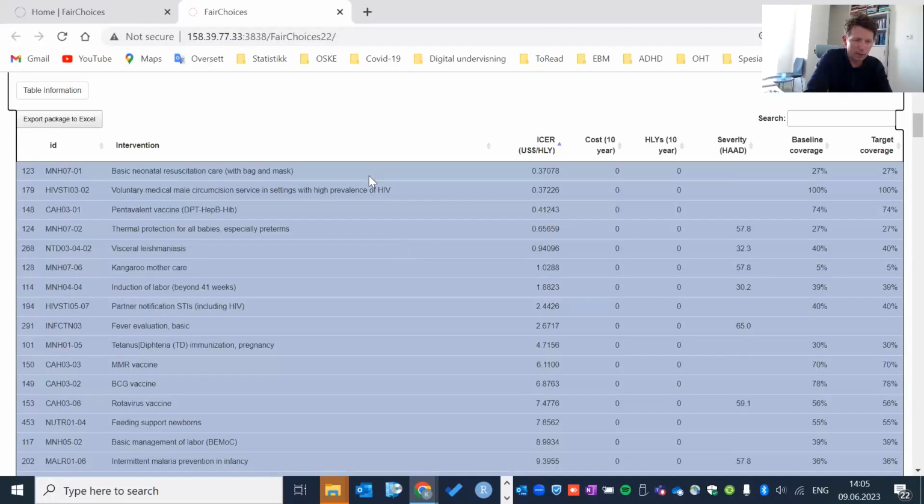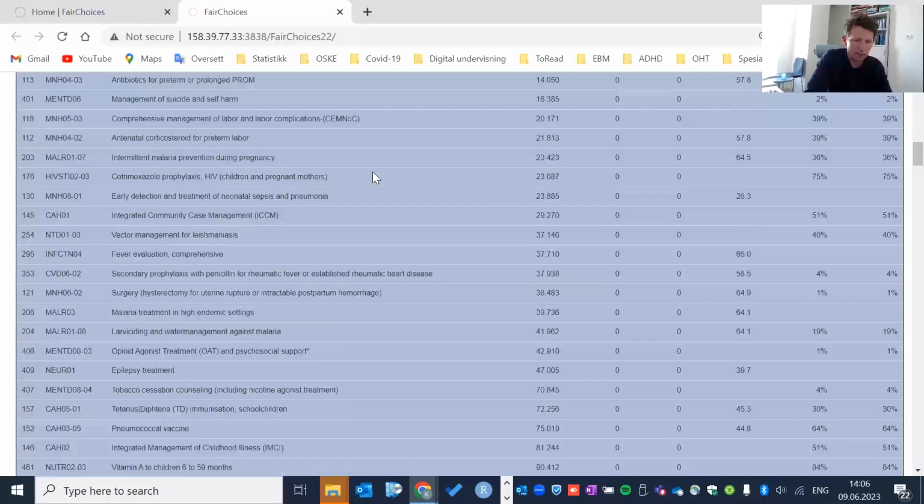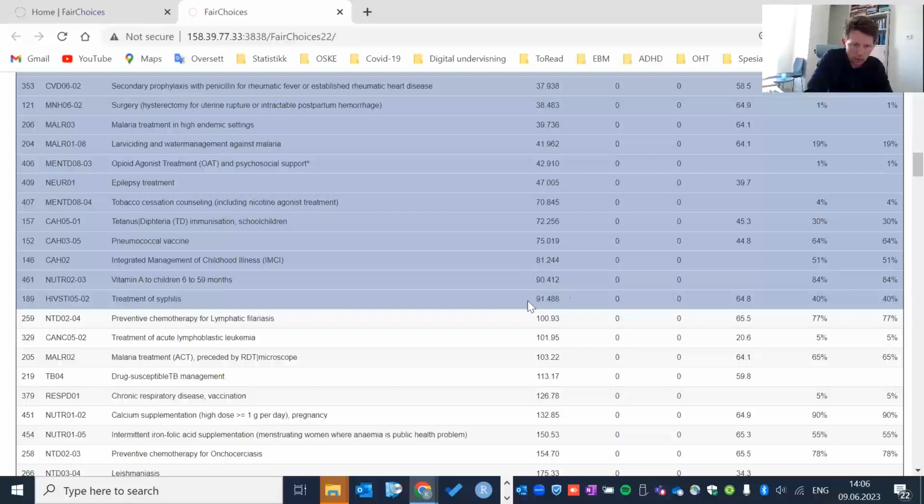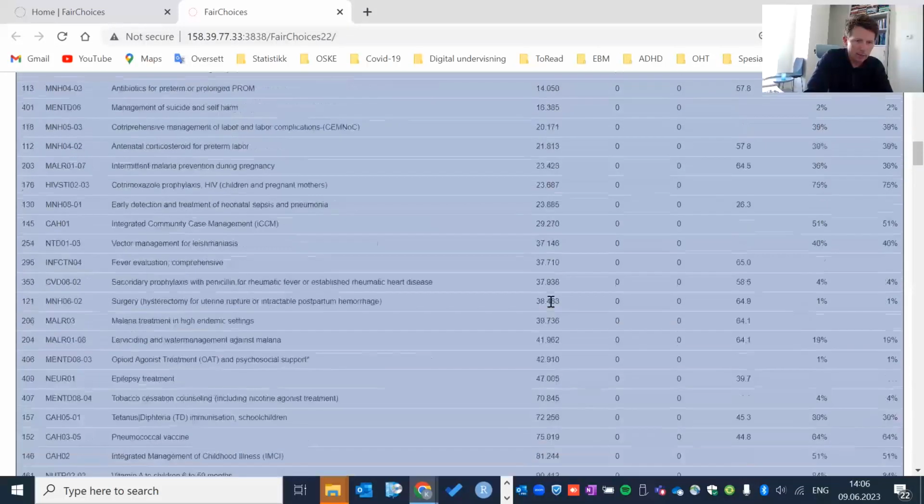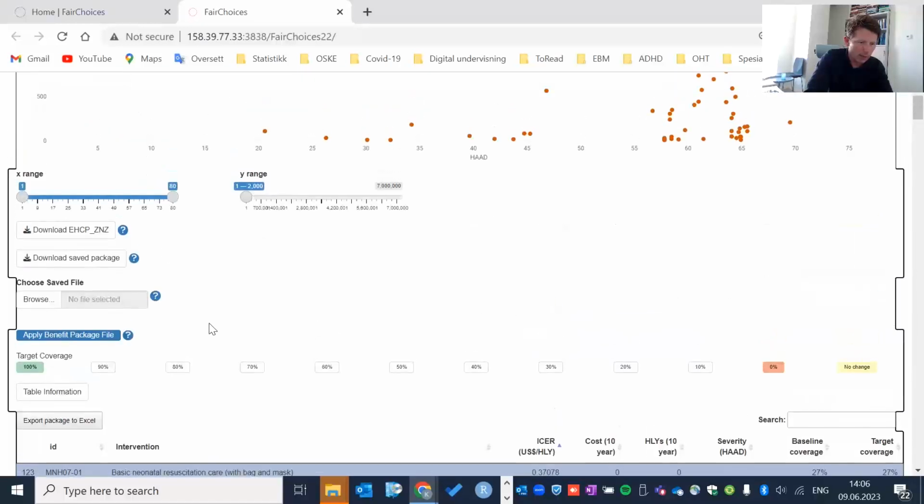And you now saw I tagged all these interventions by just clicking at the first one and then holding down Shift, and I clicked down to 91.488 because that was a hypothetical willingness to pay threshold.